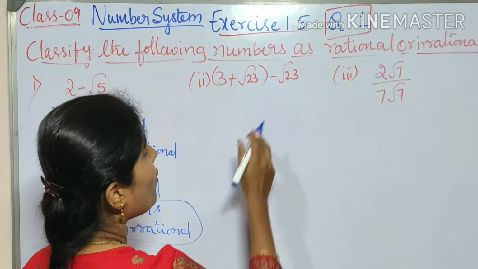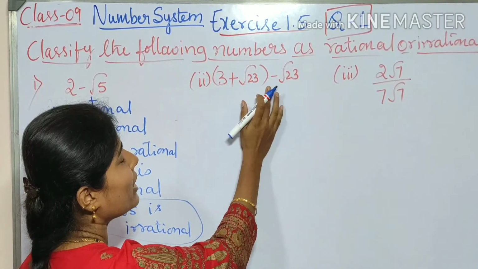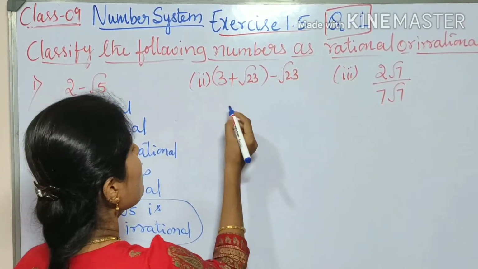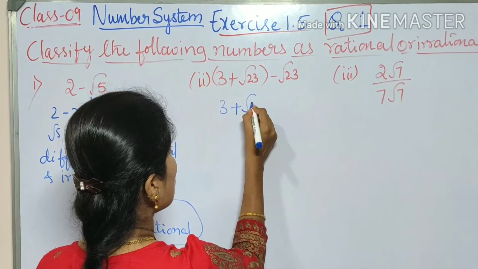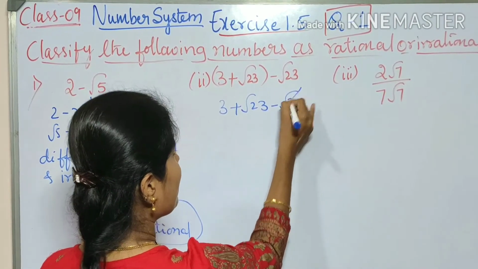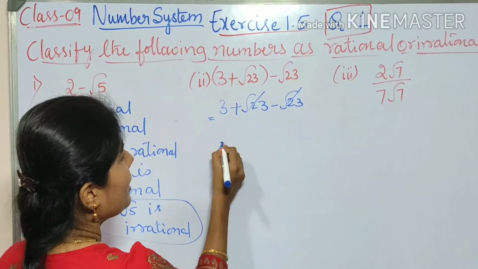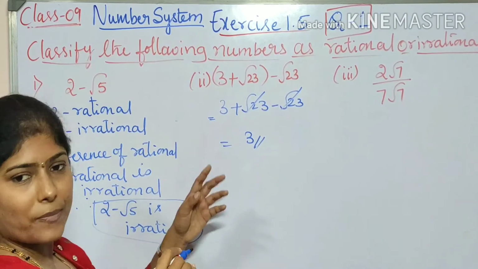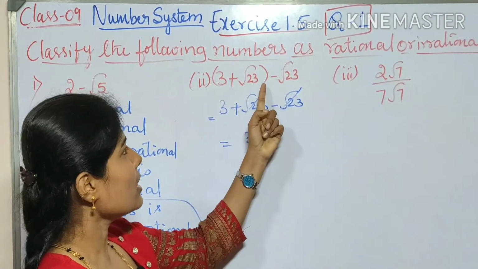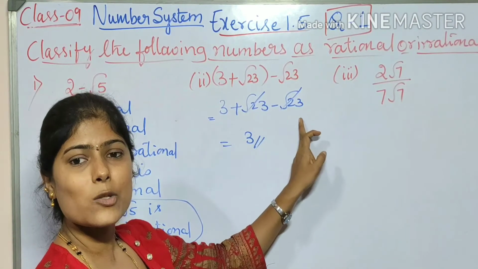Now let us go for the second one: 3 plus root 23 minus root 23. Let us write 3 plus root 23 and open the bracket, minus root 23. If we cancel these two, the remaining will be 3. If we remove the bracket, it becomes 3 plus root 23 minus root 23.